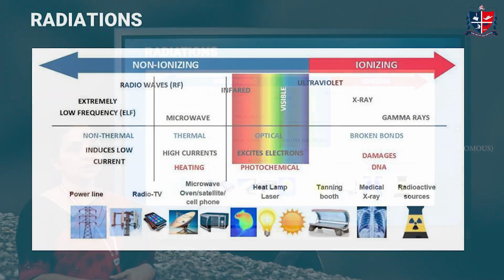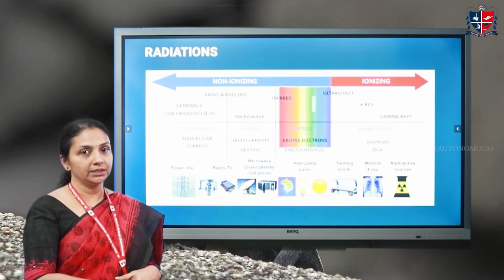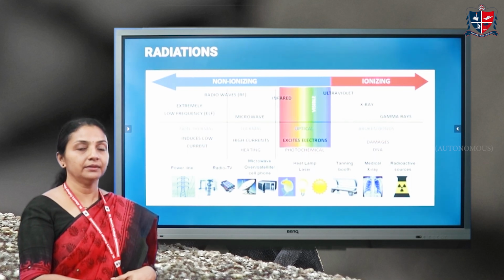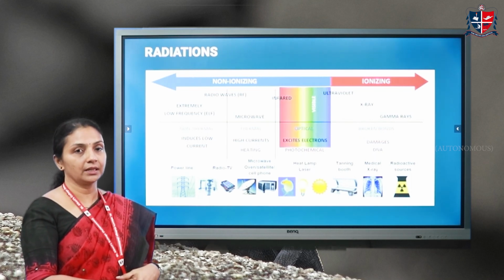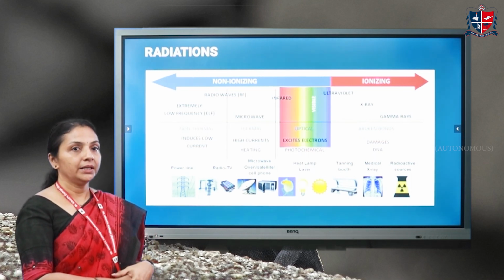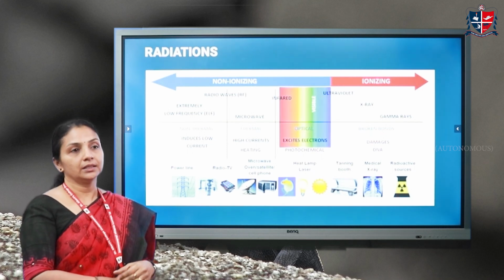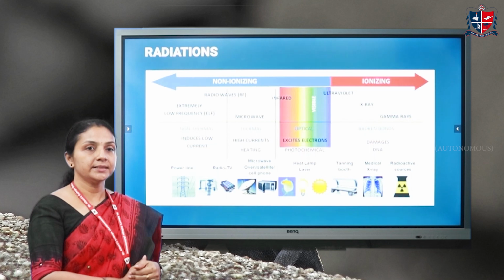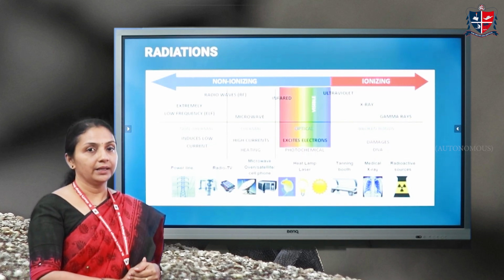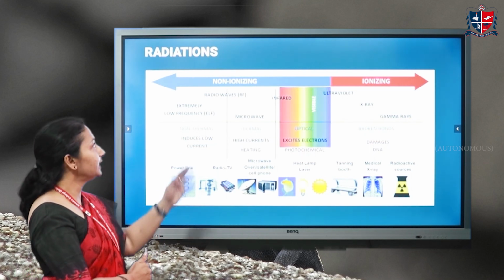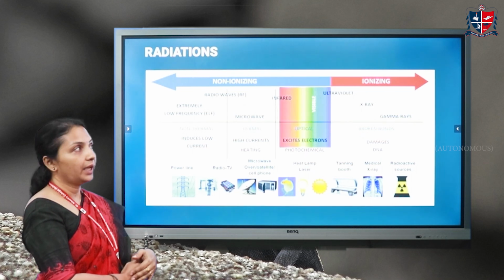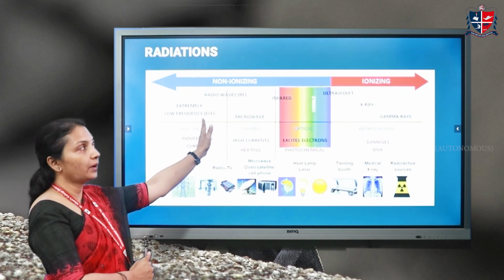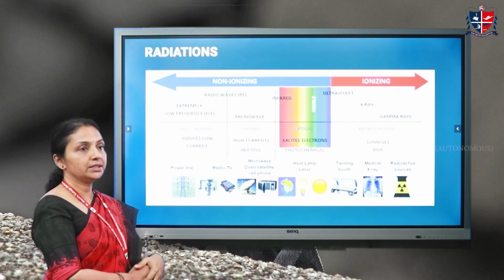Next, we'll move on to the last one, that is radiation. Radiation is another important physical method of sterilization. We have already learned about the ionizing and non-ionizing radiations within the electromagnetic spectrum. You can see the electromagnetic spectrum, and here it's split into non-ionizing as well as ionizing radiations.